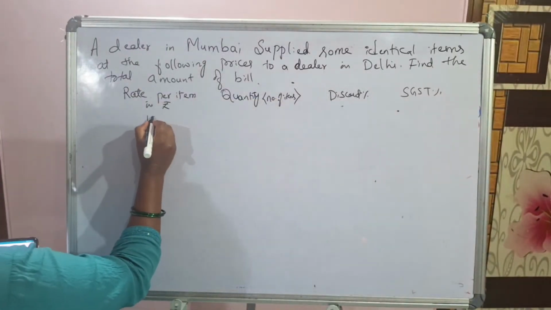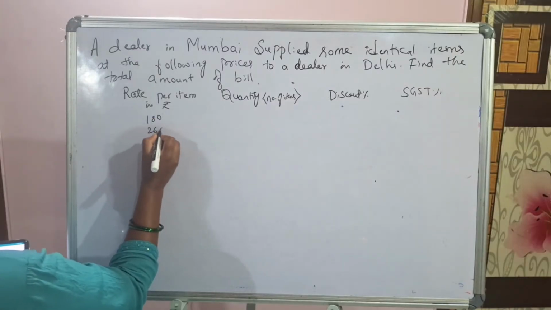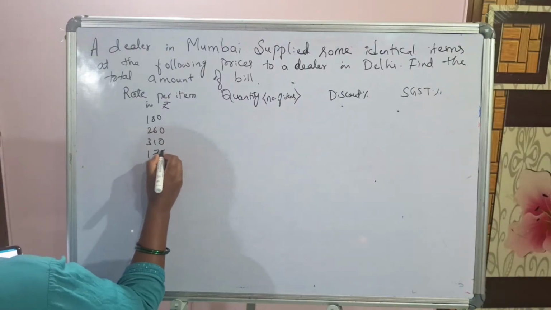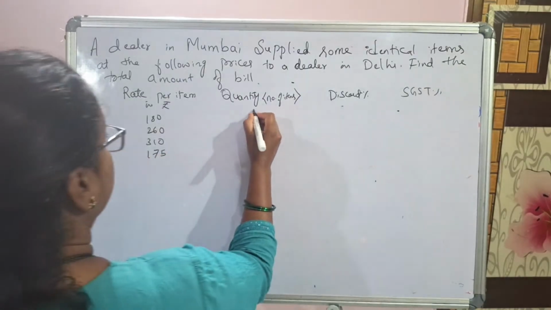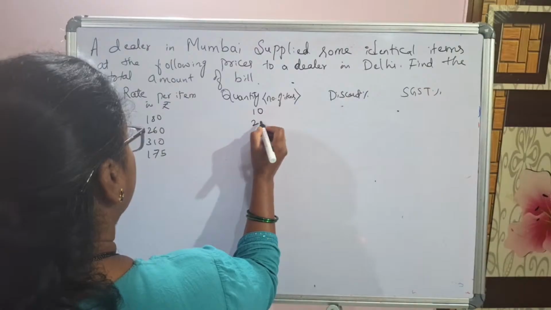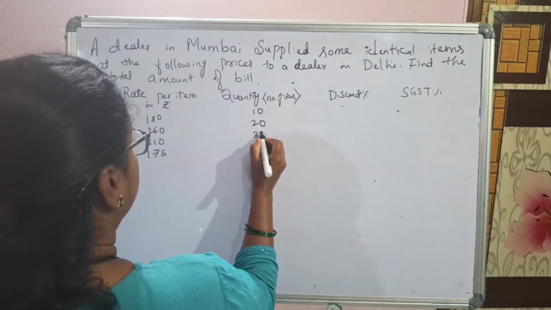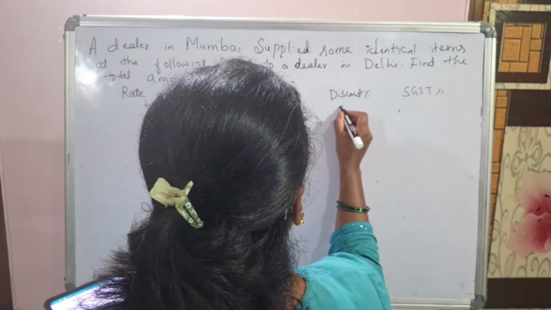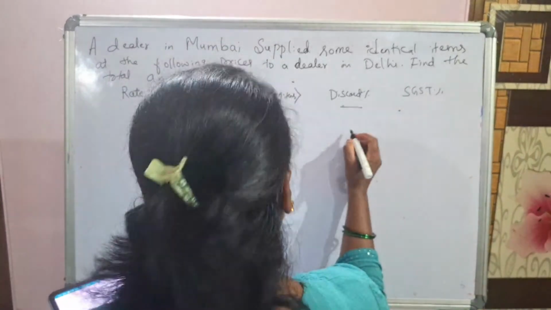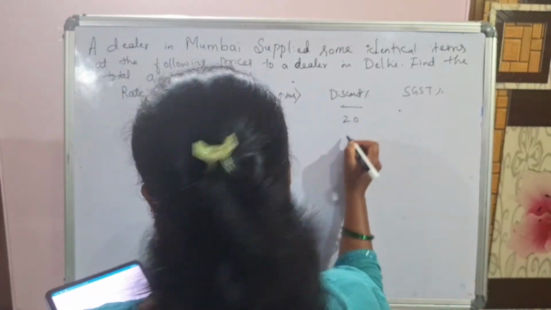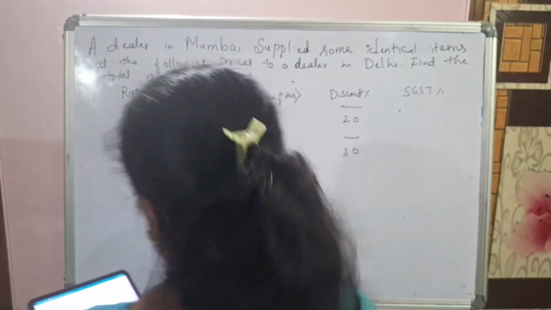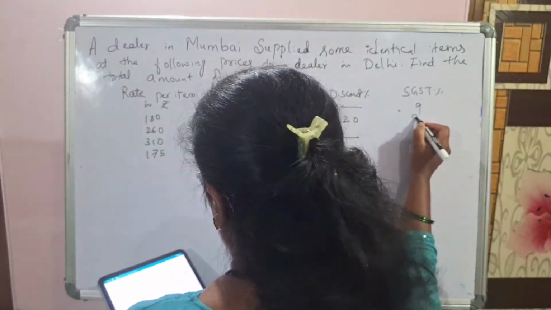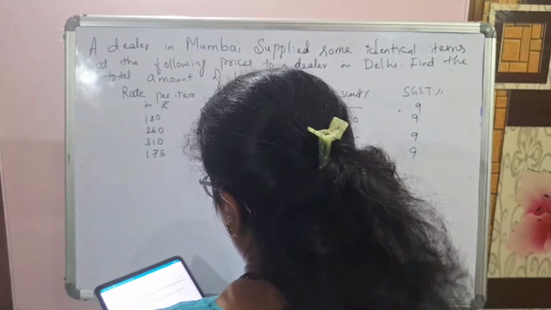So the rate per item is 180, 260, 310, 175. The quantities are 10, 20, 30, 20. The discount percent is nil for the first, then 20 and 30. SGST is 9% for all.